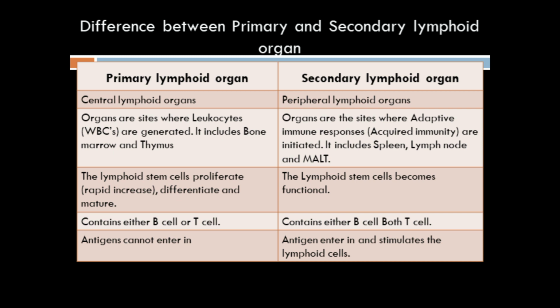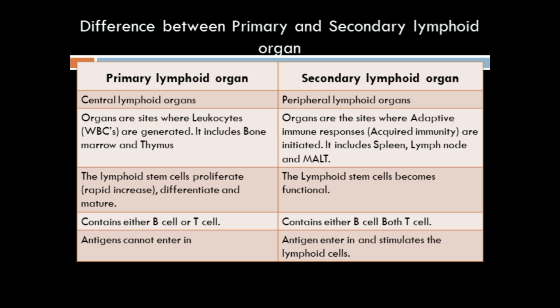Okay, so when you take the primary lymphoid organ, it is the central lymphoid organ system. The organs are sites where leukocytes, that is WBCs, are generated. It includes bone marrow and thymus. All the WBCs are produced in these primary lymphoid organs, right?